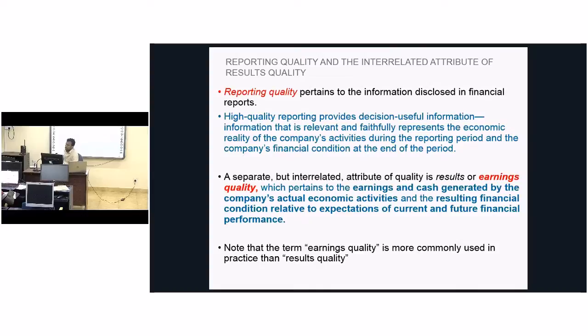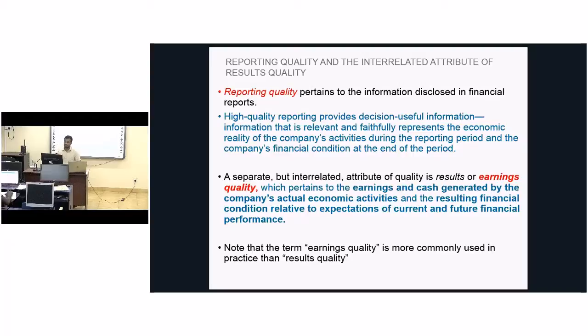What is it? Earnings quality, or sometimes people say results quality. Results quality means the same as earnings quality. What is earnings quality? It is relating to earnings and cash generated by the company's actual activities. That's purely relating to current or actual economic activities and financial condition relative to expectations of current and future financial performance.